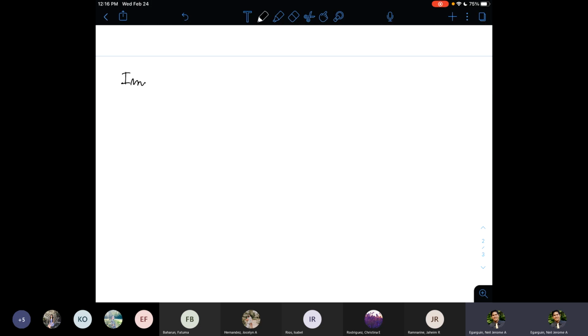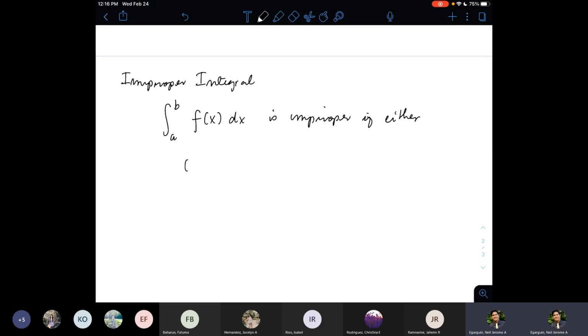So improper integrals. What makes an integral improper? If you have an integral from a to b of f of x dx, this becomes improper if either, number one, f is discontinuous at some number in [a, b], right?